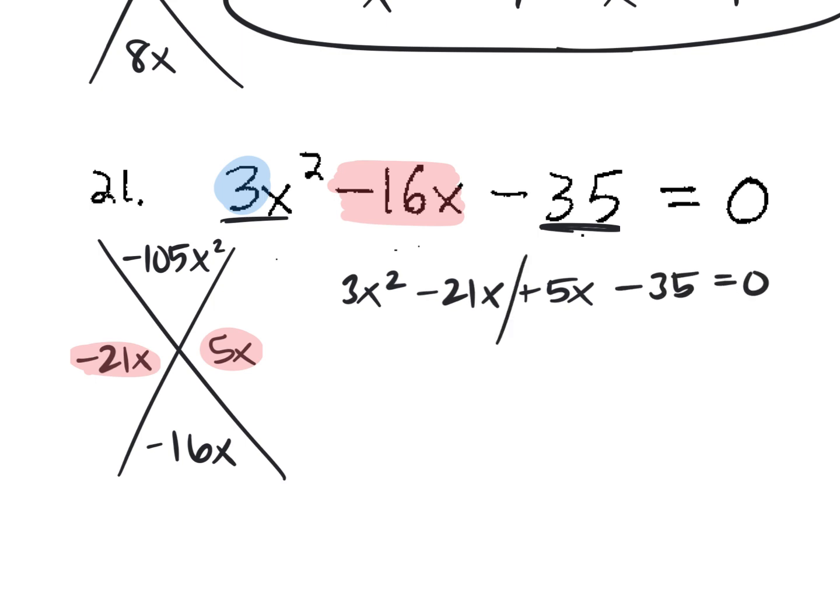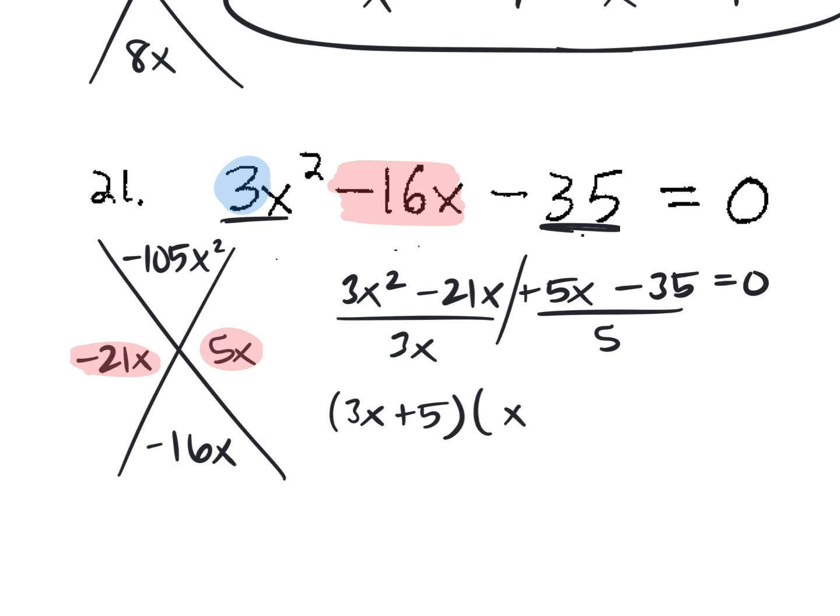And I could split this in half, find the GCF of the left side, which is 3x, and the GCF of the right side, which is 5. And that would be one of my factors. My other factor is what I get when I divide. So if I take 3x squared divided by 3x, that gives me x. And if I take negative 21x divided by 3x, that gives me minus 7.